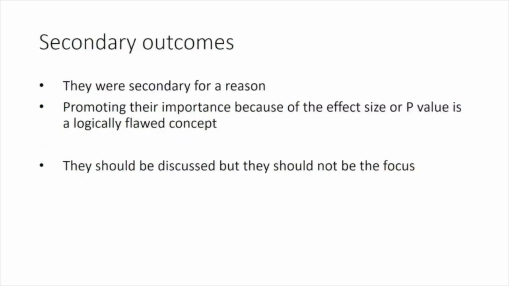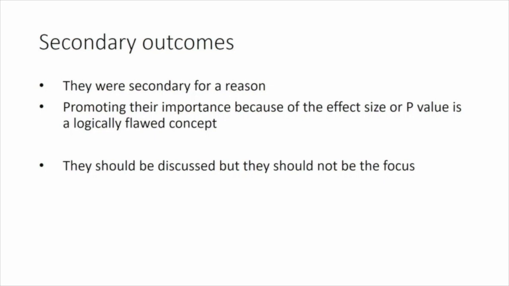Secondary outcomes. Now, secondary outcomes are secondary outcomes for a reason. When the author defines the primary outcome, that is what's most important. And the secondary outcomes are secondary because they think they're interesting, but not as important.